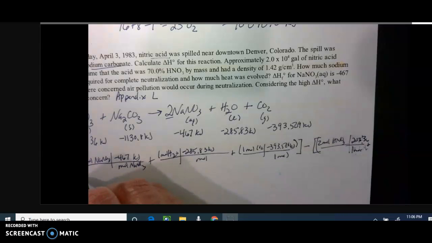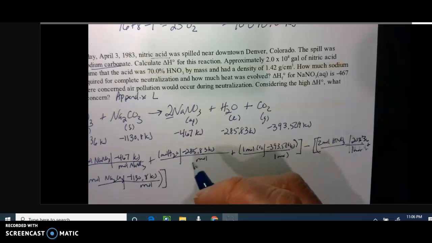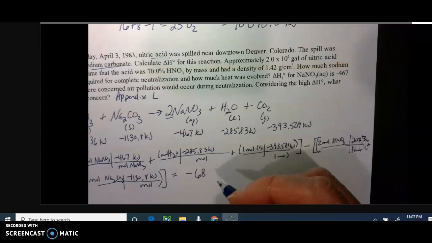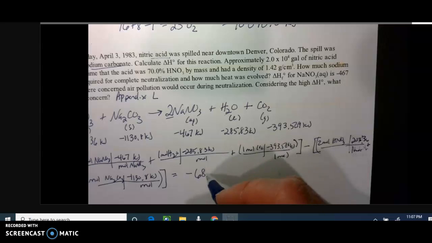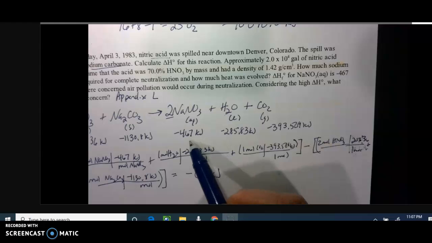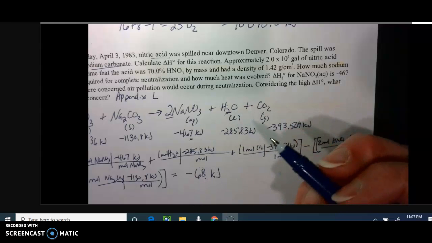Plus 1 mole of sodium carbonate, which is negative 1130.8 kilojoules per mole. Okay, and if you work all of that out, you get negative 68 kilojoules for that reaction. So again, this 467 is limiting me to the ones place value since we have subtraction.